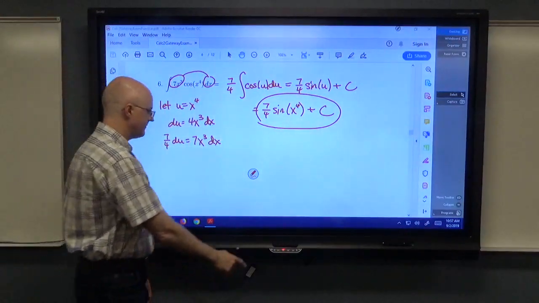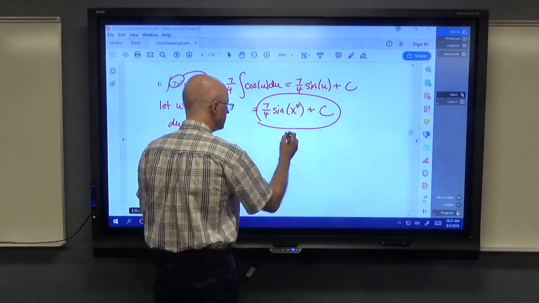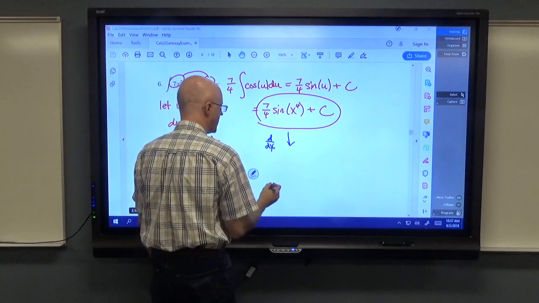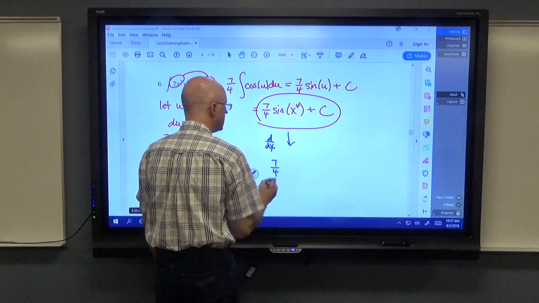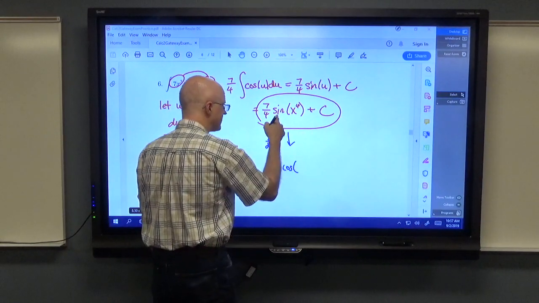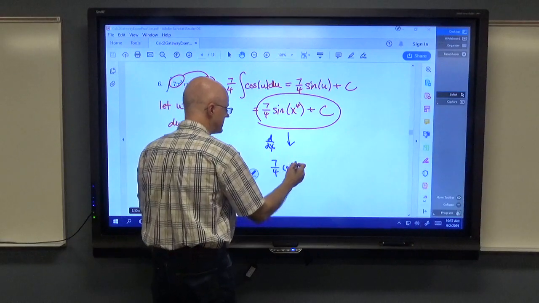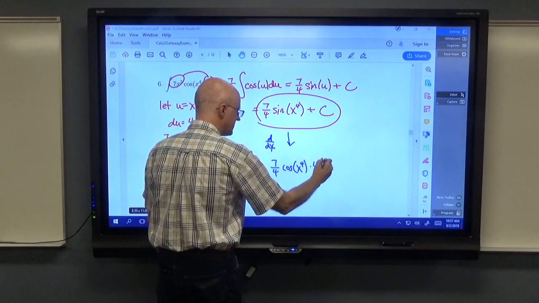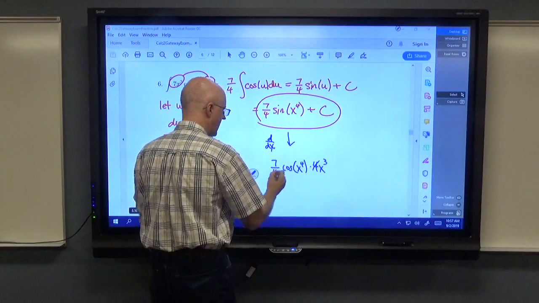There we go, let's check it. Once again, we've used substitution. When we check, we'll use the chain rule. The derivative of sine is cosine. So the derivative of the outside function is the cosine here. Plug in the inside function times the derivative of the inside function. The 4's will cancel.